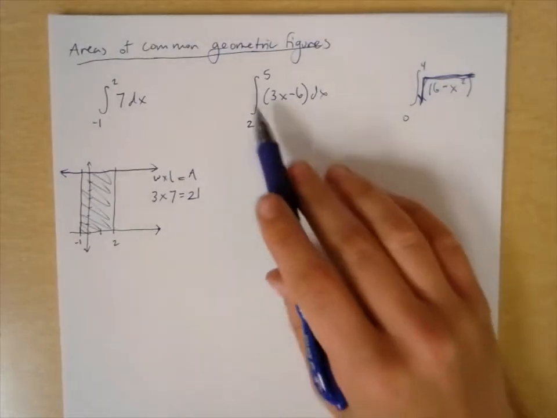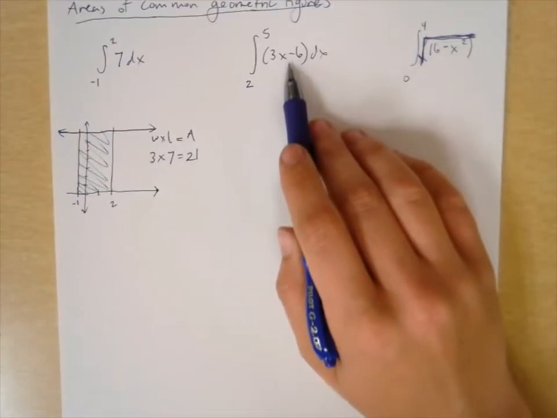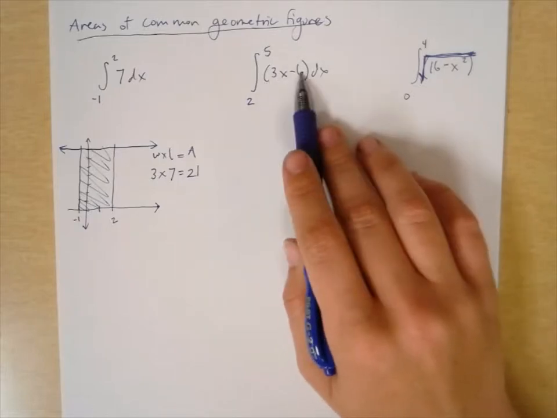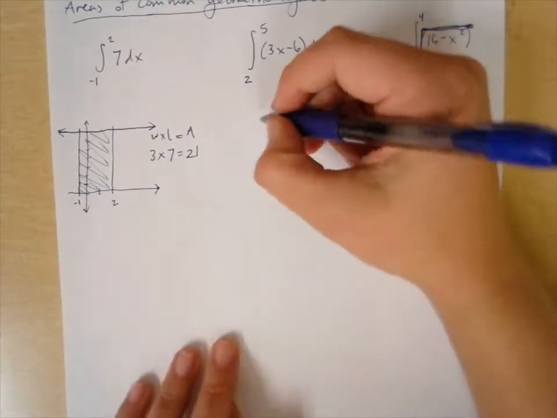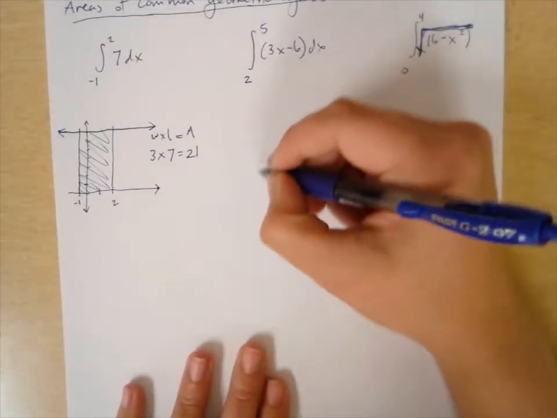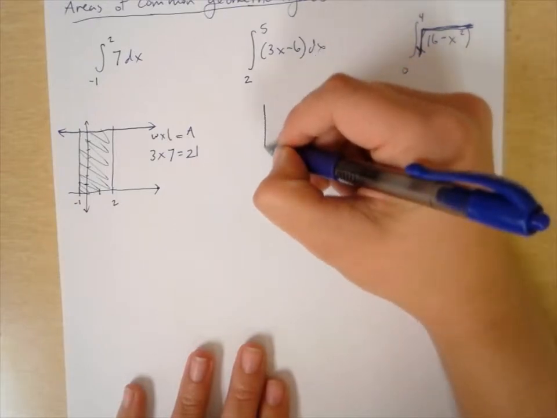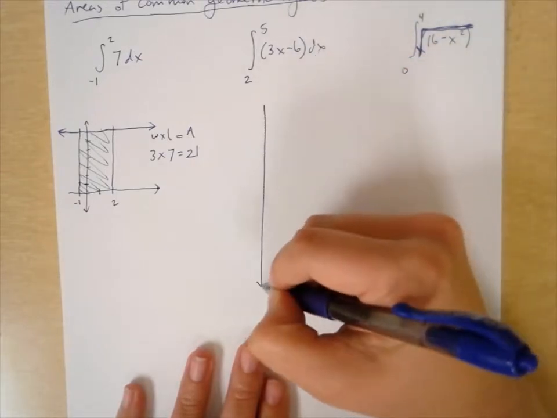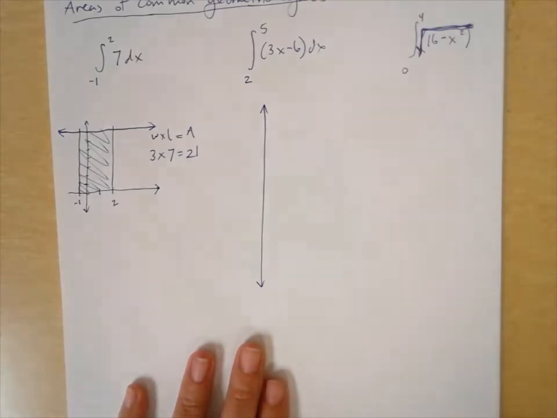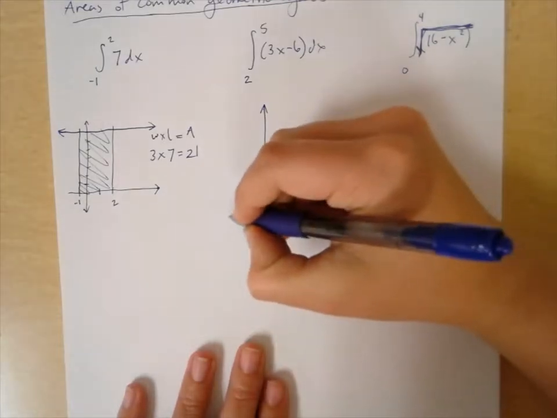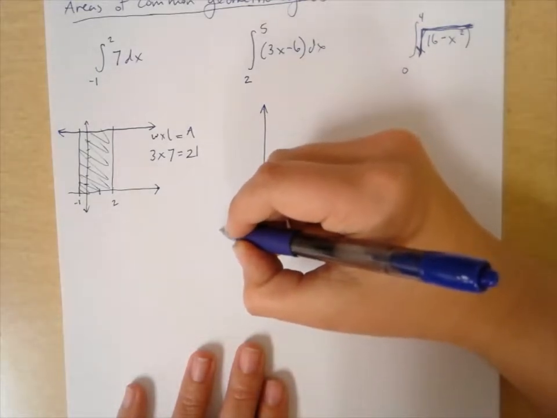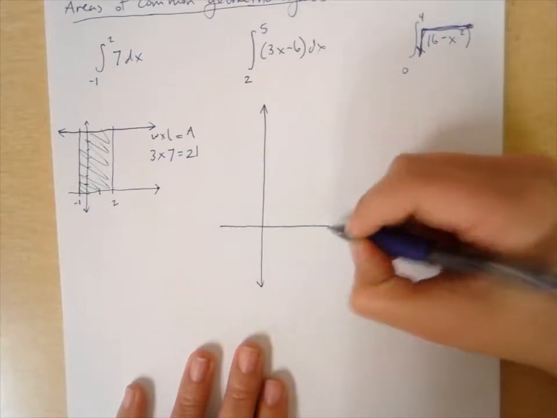To do this integral here, I need to graph this function 3x minus 6. And I can do that if, going to make kind of a really long y-axis here, so you should do the same. And I'm going to start at negative 6.